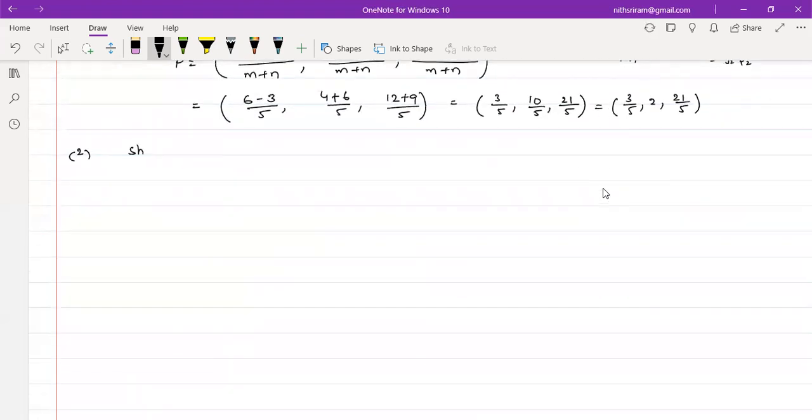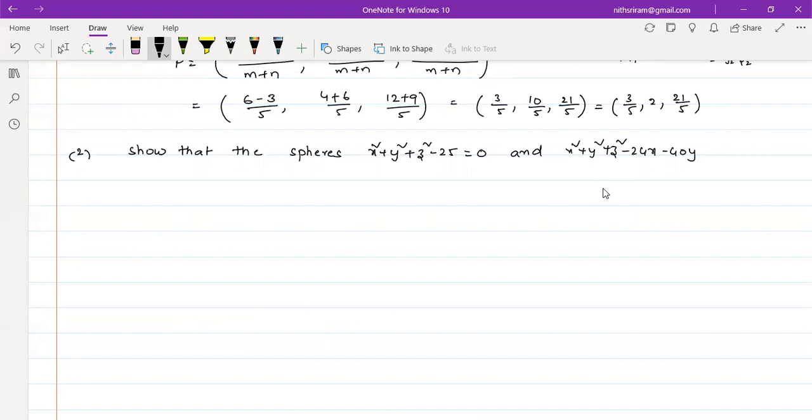Show that the spheres x square plus y square plus z square minus 25 is equal to 0, and x square plus y square plus z square minus 24x minus 40y minus 18z plus 225 is equal to 0, touch externally at the point 12 by 5, comma, 4, comma, 9 by 5.